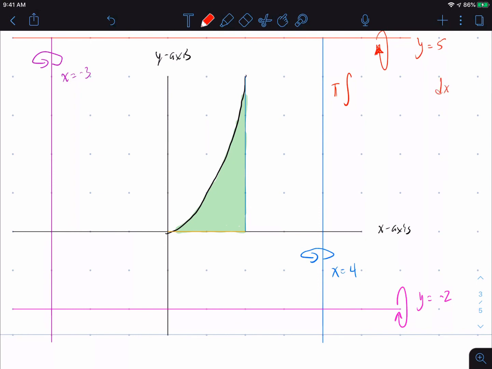And my outer radius would simply be 5 squared minus the inner radius, which would be 5 minus, and I didn't tell you that curve, did I? That curve is y equals x squared.